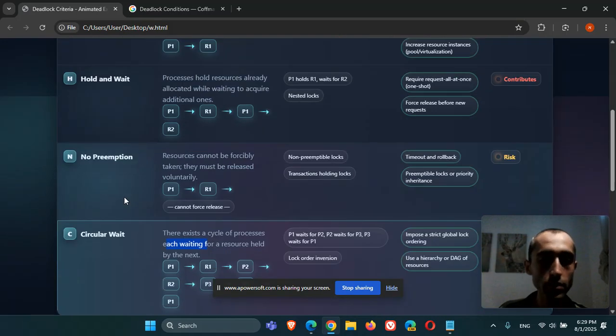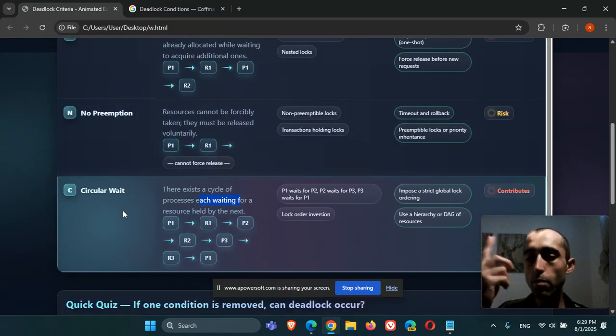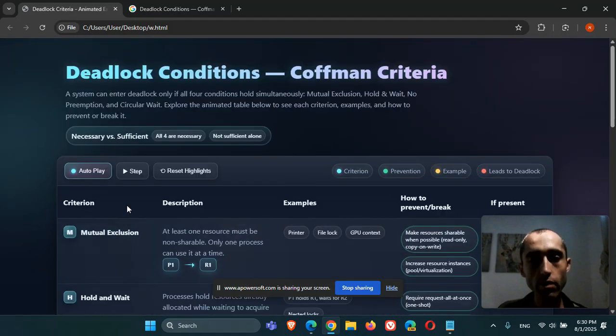No preemption: I cannot forcefully take a resource from a process. And there is a circle of dependencies between the processes, because each process depends on a resource held by the previous process. Those are the four criteria of the deadlock conditions in operating systems, also known as the Coffman criteria.